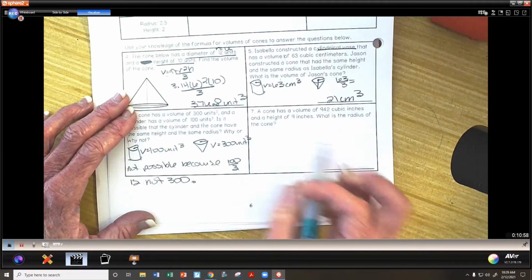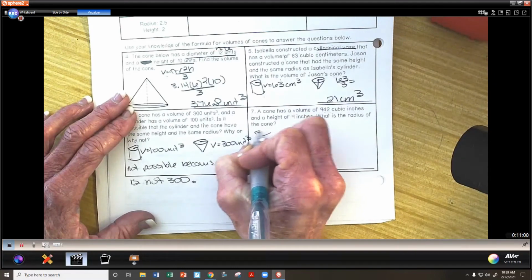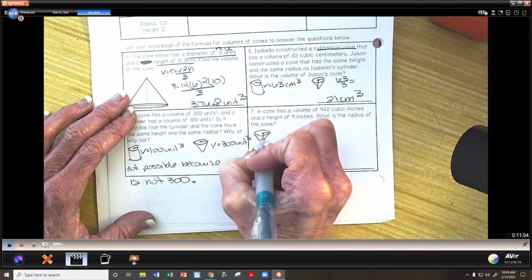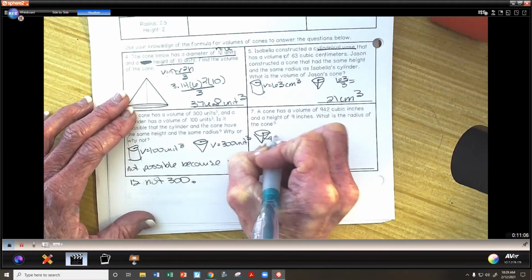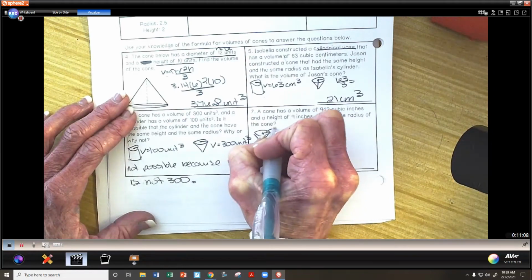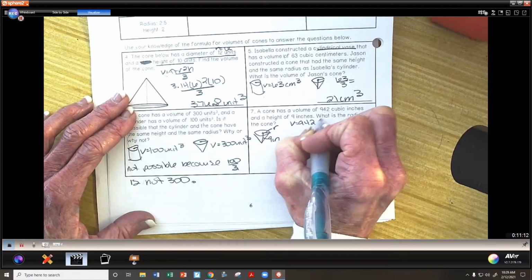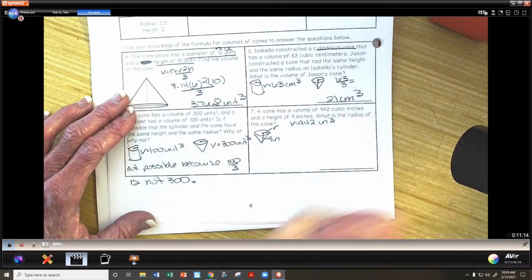Okay, a cone has a volume of 942 cubic inches and a height of 9. What is the radius? So we have this cone again. It has a height of 9 inches. We don't know the radius, but we know the volume is 942 inch cubes.